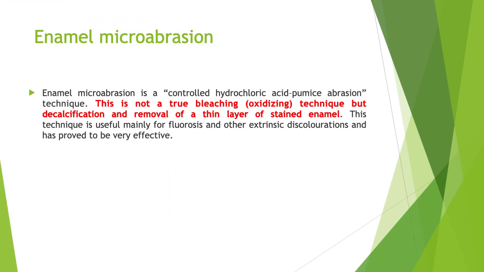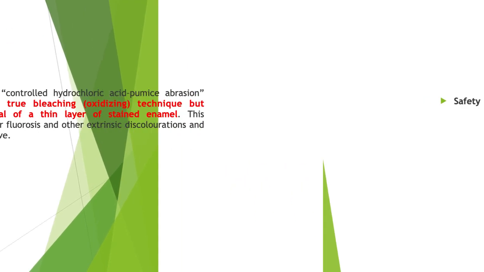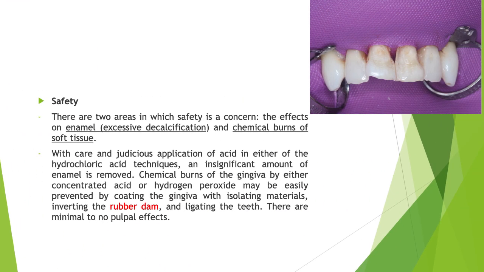Microabrasion is not considered a bleaching or oxidation reaction. It only decalcifies and removes a thin layer of stained enamel. So as you can see, it's still more conservative than the restorative procedures, but it is more invasive than bleaching. And it's proved to be effective when used for the right cases, such as cases with mild fluorosis.